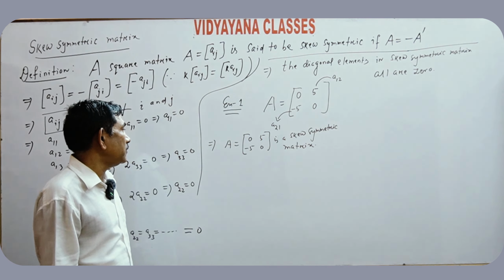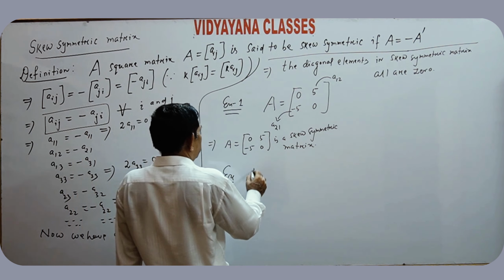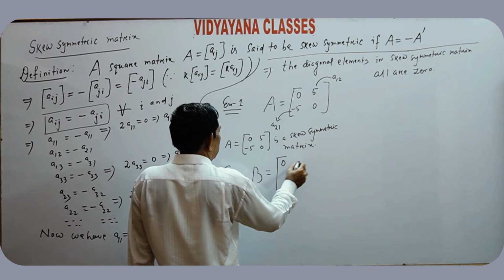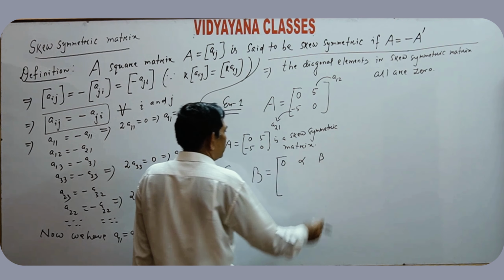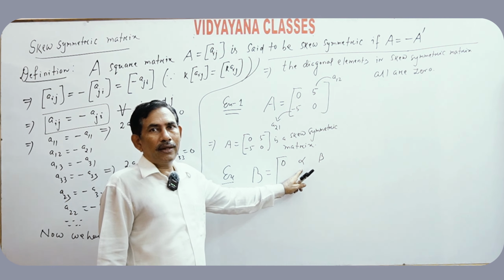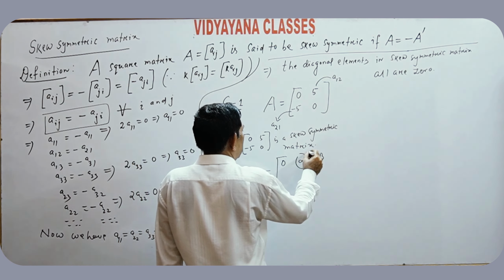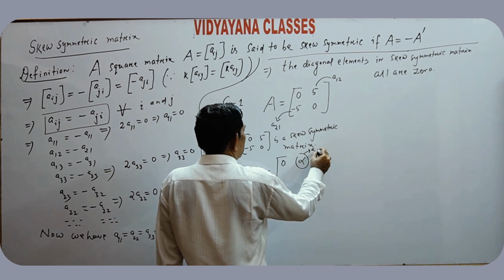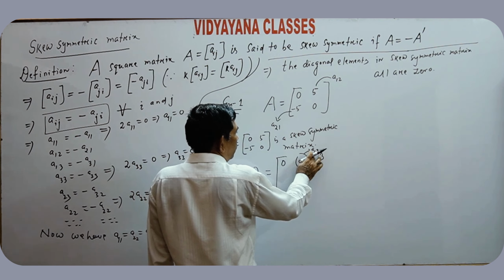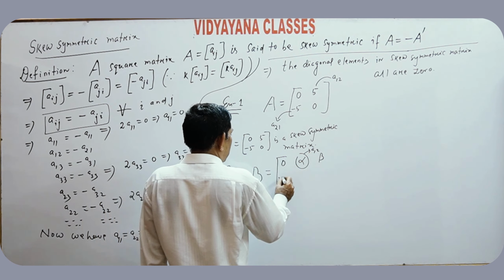Clear? Second example, suppose B is 0, alpha, beta. Alpha is the element of first row and second column, A12. A12 is negative of A21, that is minus alpha.